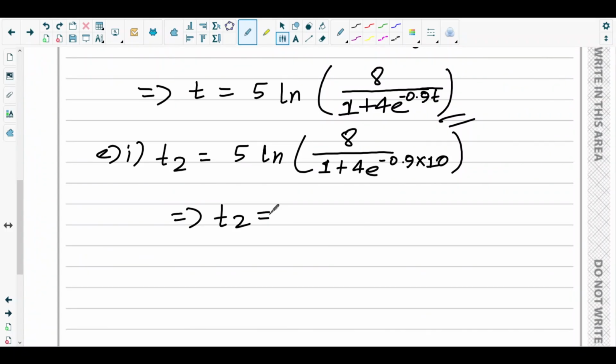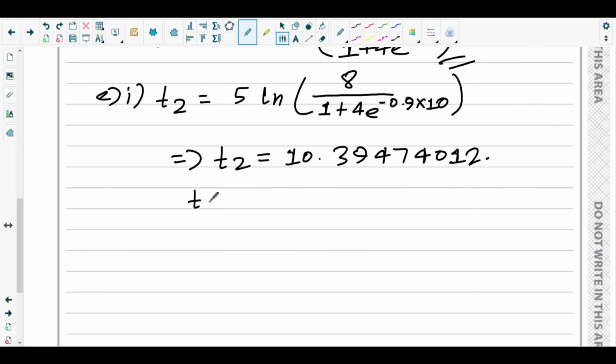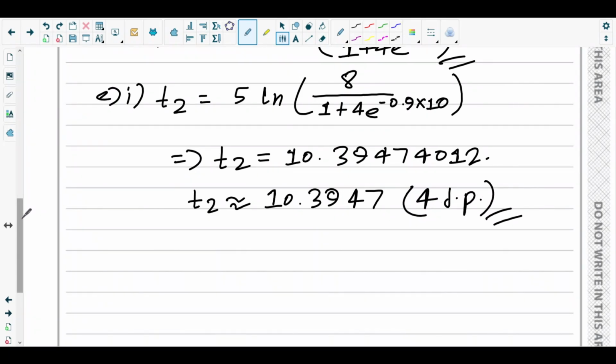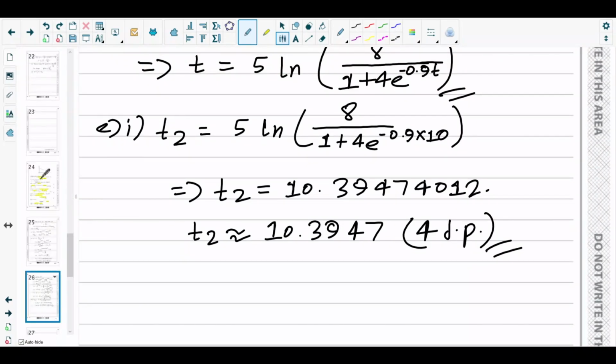Multiply it by 5 to get the value, which is 10.39474012. They wanted the value up to 4 decimal places, so this is 10.3947. That's it. That's the answer for part E1.